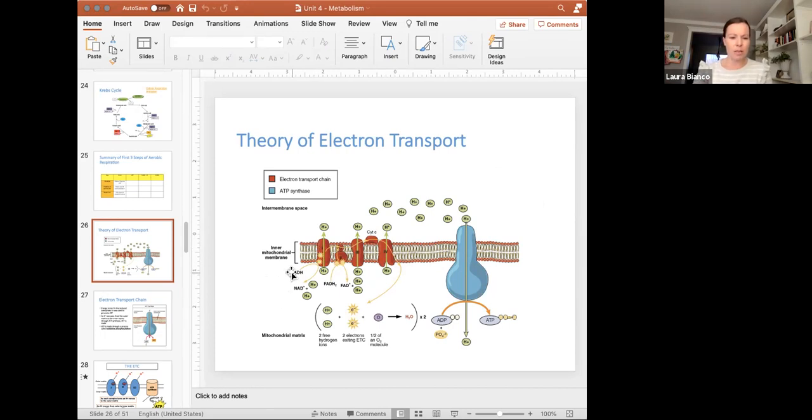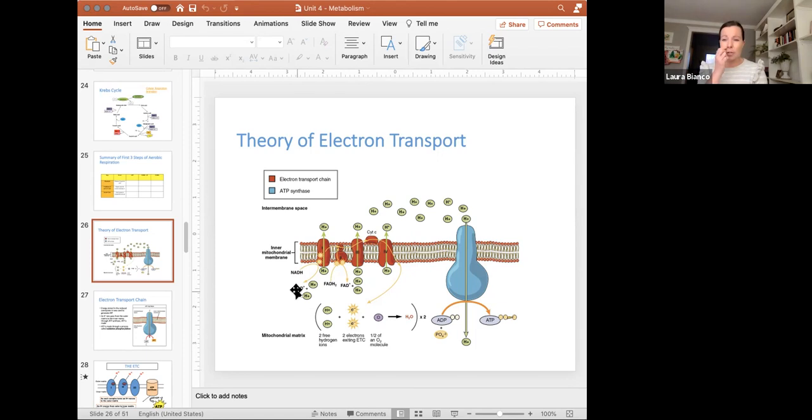And you can also see the coenzymes that are here within the matrix. These coenzymes give up all the things that they were given when they got reduced. So they're giving up their electrons, their hydrogen ions, and their energy. So those things are going to break off.